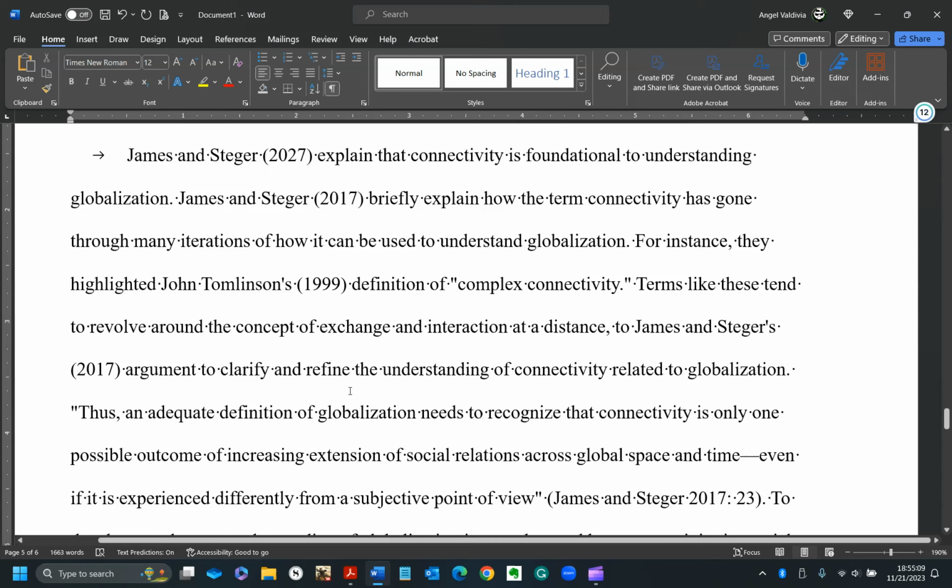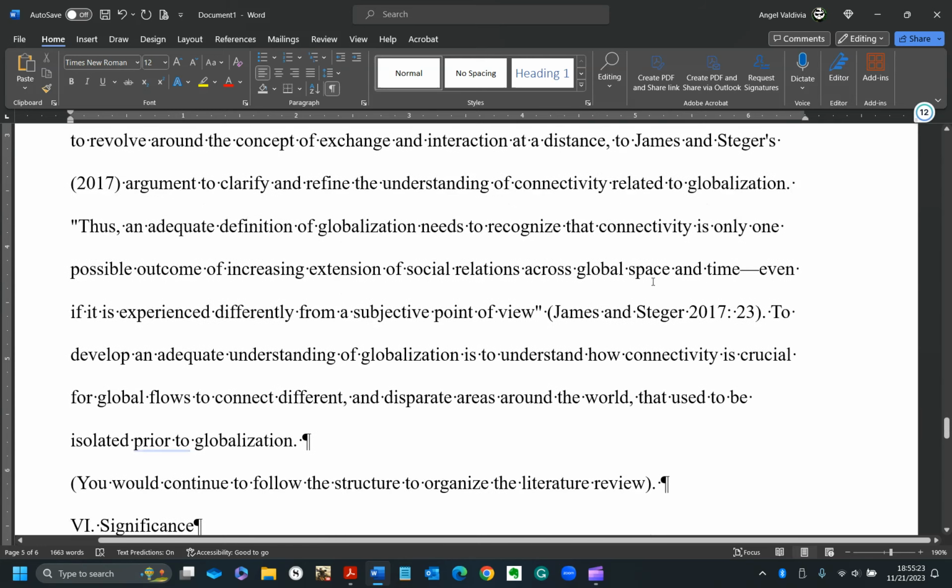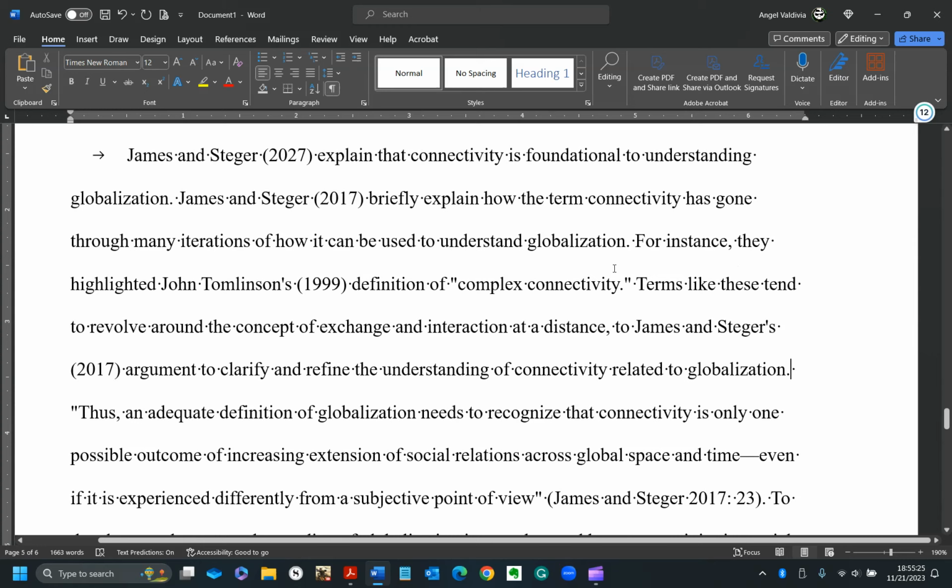Terms like these tend to revolve around the concept of exchange and interaction at a distance, to clarify and refine the understanding of connectivity related to globalization. Now you'll notice that I'm contextualizing the quote, and I'm also summarizing the point that James and Steger are making about the idea of connectivity.